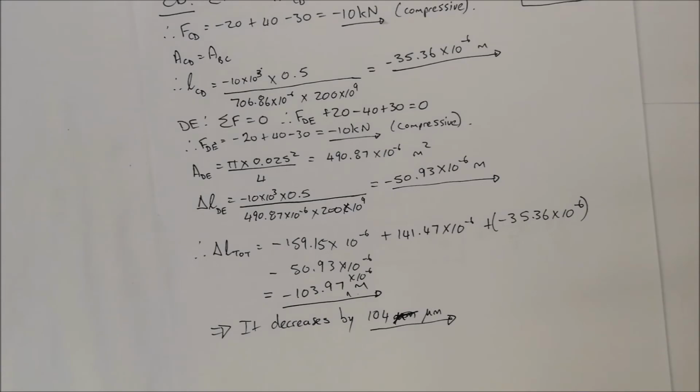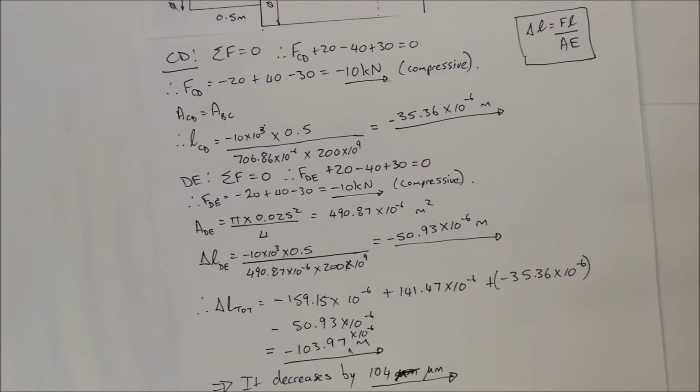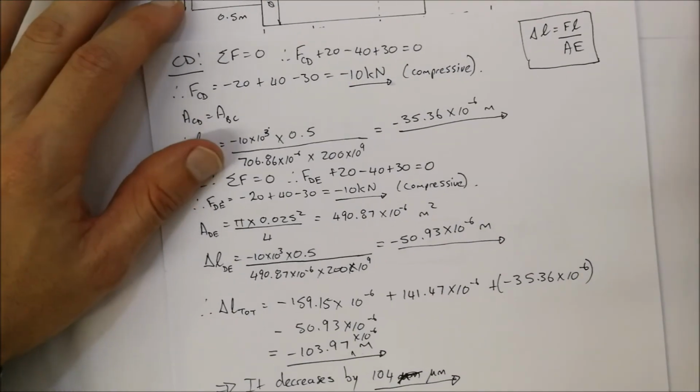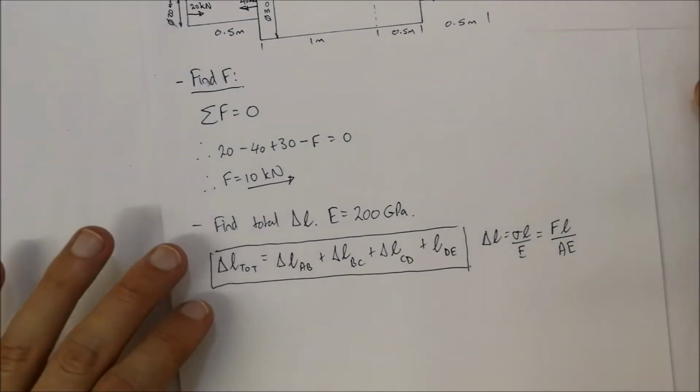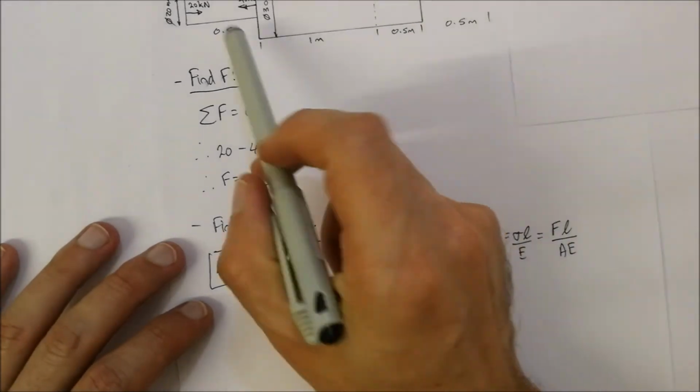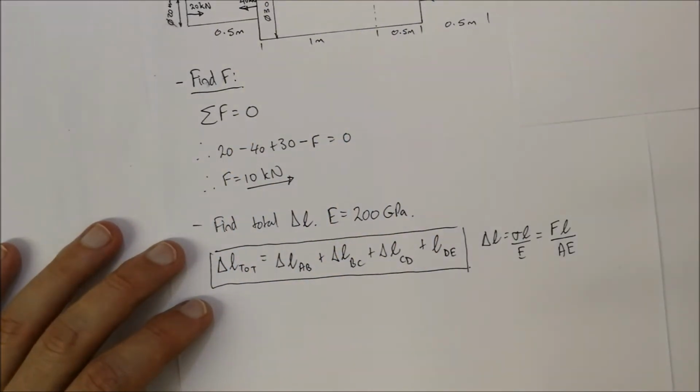So that is the series example for these specific members, or the axially loaded members, and very similar principles are going to be taken into account. Always remember, whenever you've got a series type of scenario, you're going to have to look at the cross-sectional areas of each individual section.